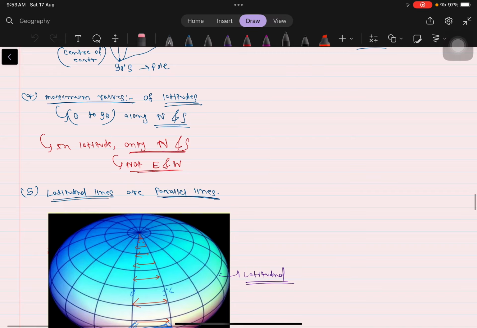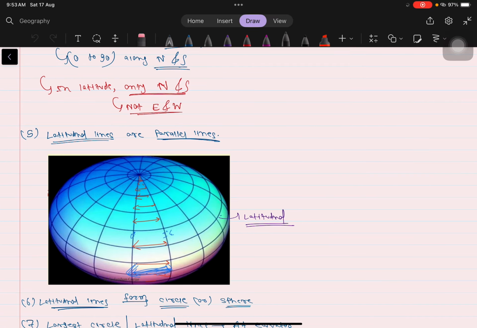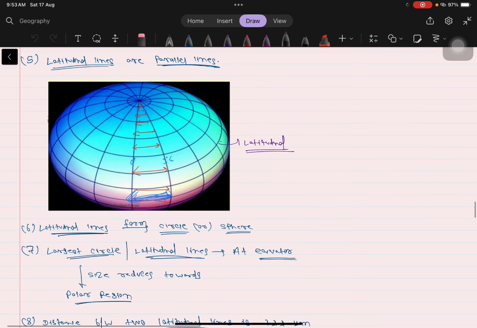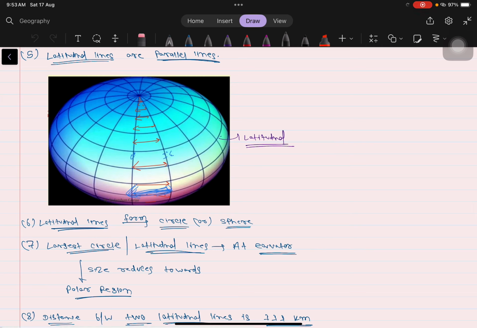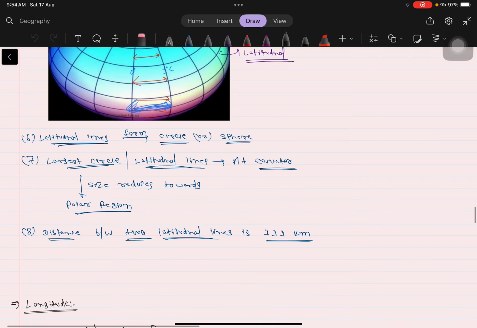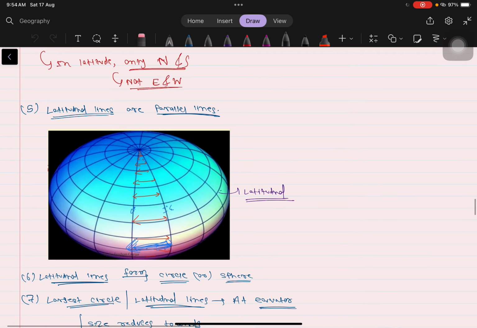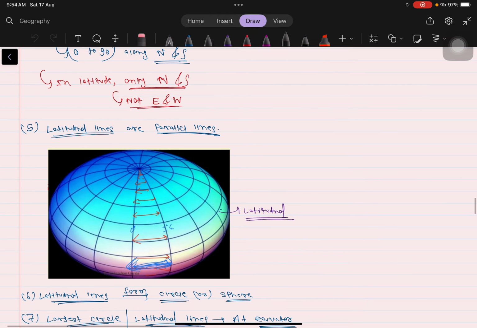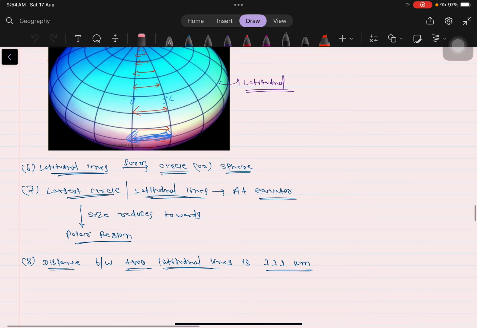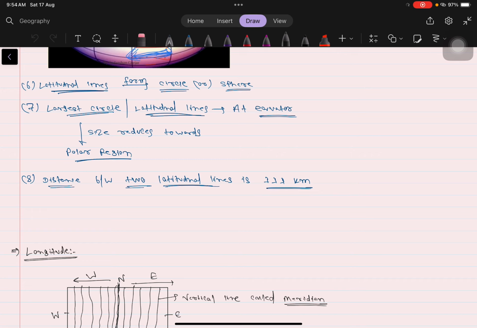Now from this we can also see that latitudinal lines are parallel lines, that is, they are not connecting, and they are making the shape of a circle. The maximum latitudinal line is present at the equator, and this size reduces as we move towards the polar region, and the distance between two latitudinal lines is fixed, which is 111 kilometer.